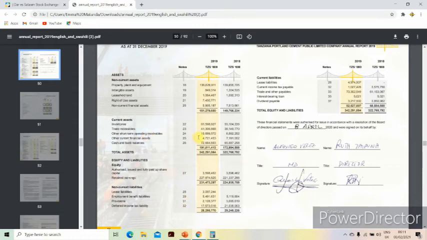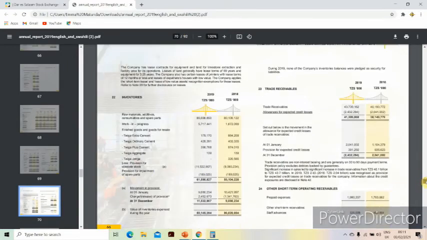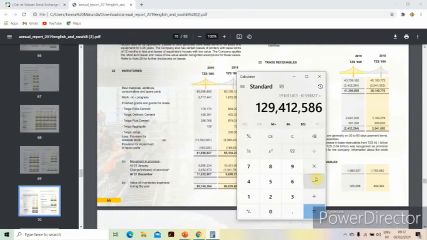So then we might as well just head on to the notes, section number 24, of which that is found in page 17. So here we all are. So then is notes number 24 right down there, and we can see right over here that there's the prepaid expenses of 1,980,357,000. So we might as well just deduct that figure.